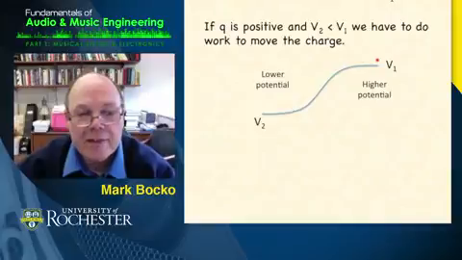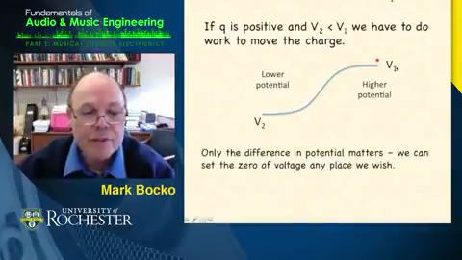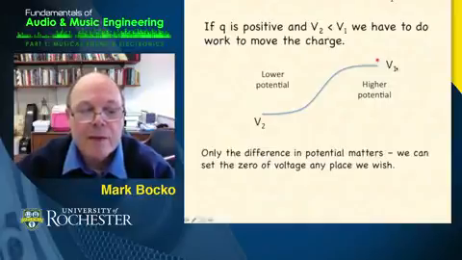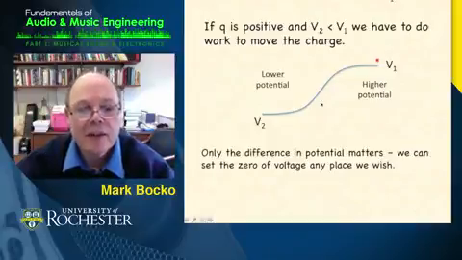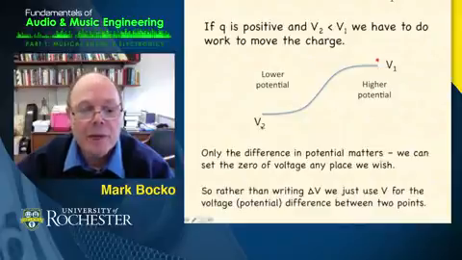I have to add some energy to get that charge to a higher potential region. The other thing that's really key here is that all that matters is the difference in potential. It doesn't really matter what the absolute values of V2 and V1 are. All that matters is their difference. And so we can set the zero anywhere we want.